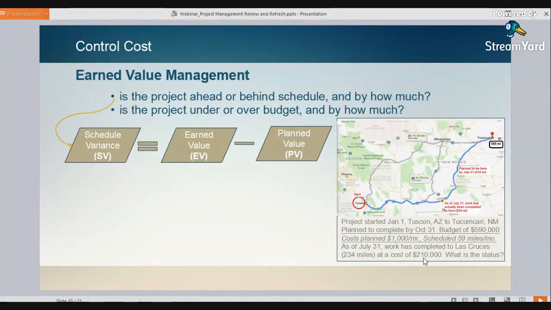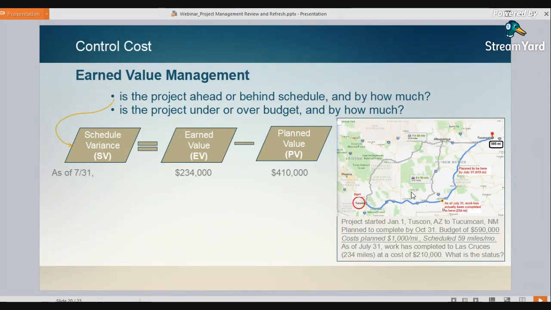So now we have our planned value and earned value. Our planned value is $410,000. We plan to complete 410 miles, at $1,000 a mile is $410,000. We've only completed 234 miles.